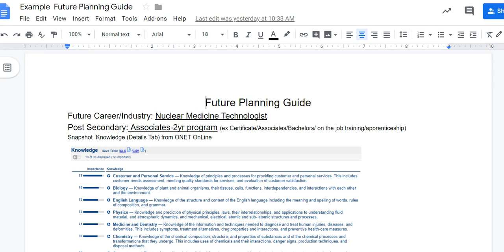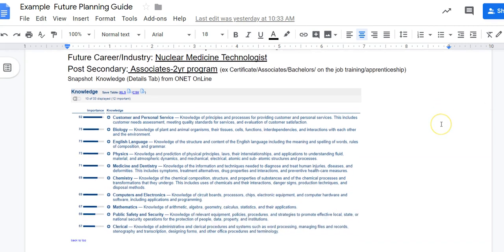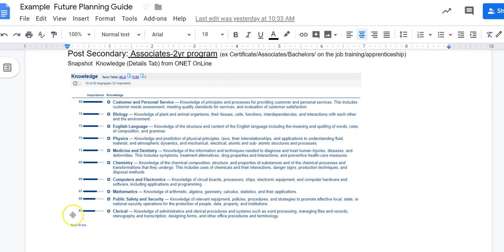The other thing is to look at the post-secondary necessary education or training. This will be found on the O*NET site as well, so you could just pull that up. You might already know. And then you need to take that snapshot that I talked about in the previous video and include it on the document.